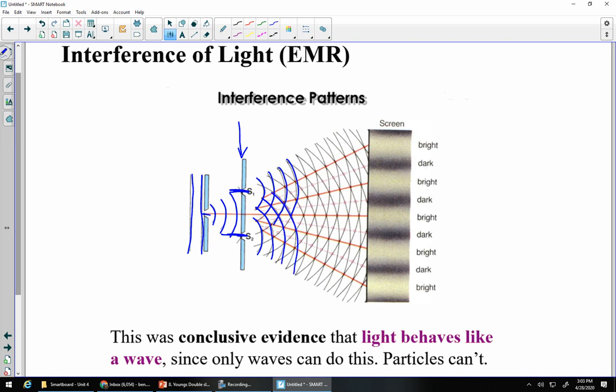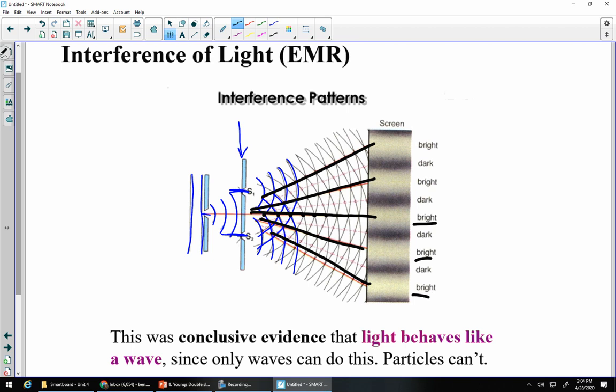And where we have crests with crests and troughs with troughs, we have constructive interference. So that's all along this path right here, crest with crest, crest with crest, and we end up with a bright patch along that path because we've got constant constructive interference. And every time we see that, we see these bright spots. Cool.